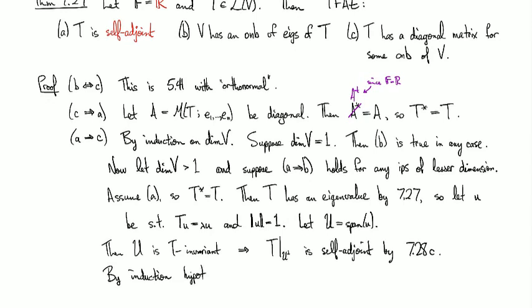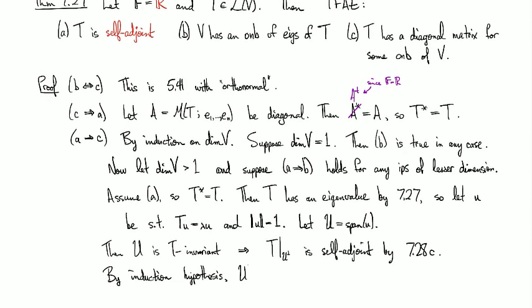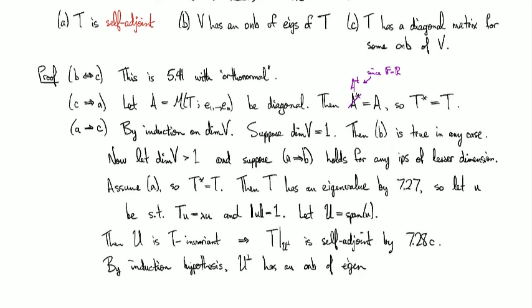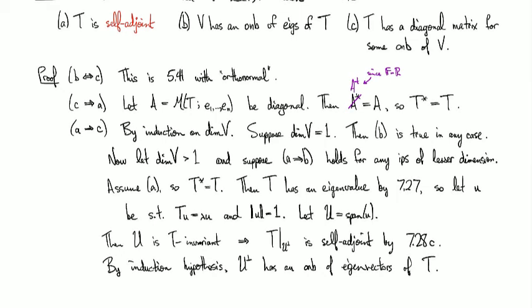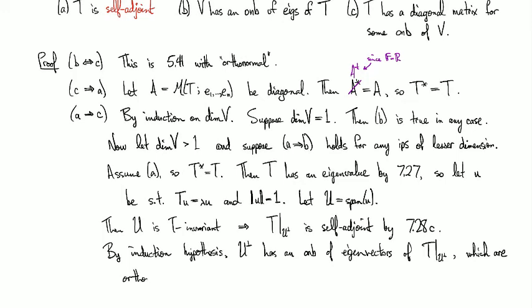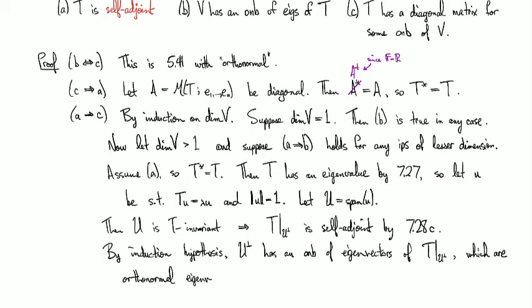So by the induction hypothesis, U perp has an orthonormal basis of eigenvectors of T. Or, to be completely legit, we should say that they're eigenvectors of T restricted to U perp, but these are also orthonormal eigenvectors of T. Okay, so they're not a basis because there's not enough of them.